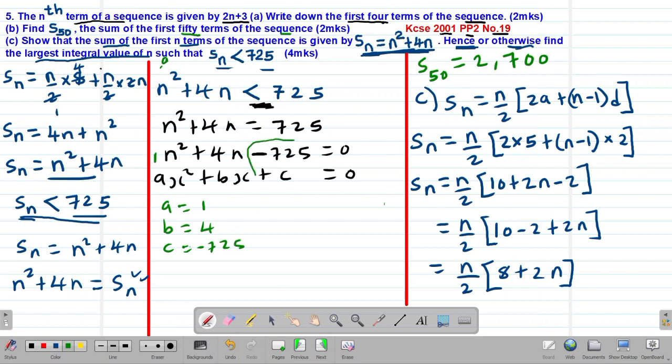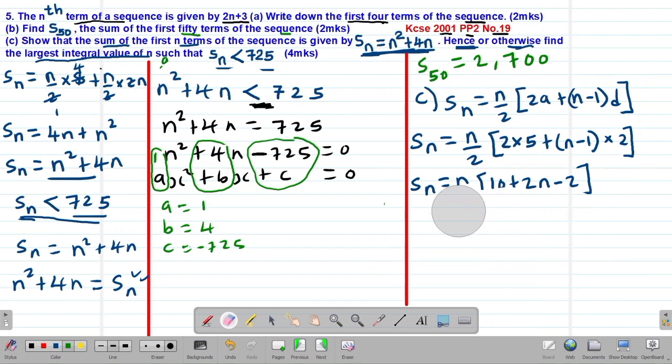So c is negative 725, b is positive 4, and a is the coefficient of n squared, which is positive 1. Let me also erase this area so that we can use it.